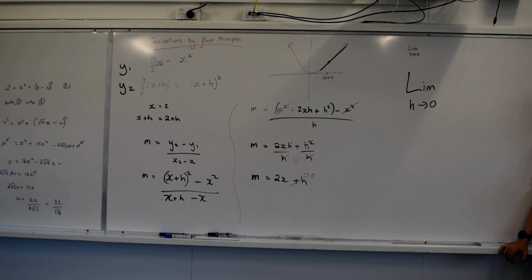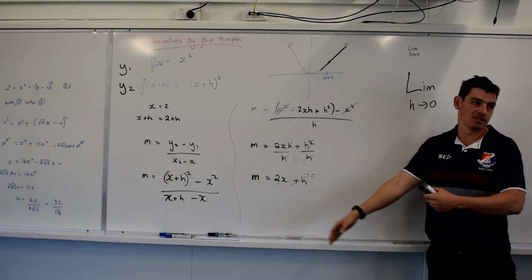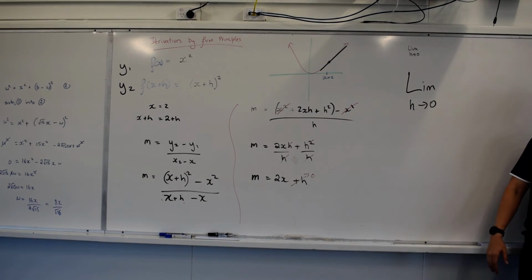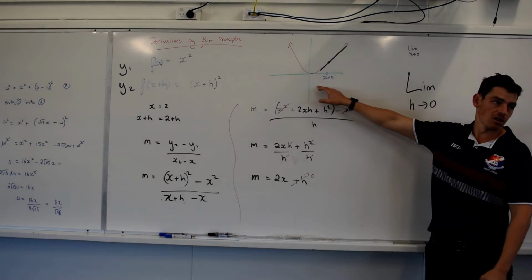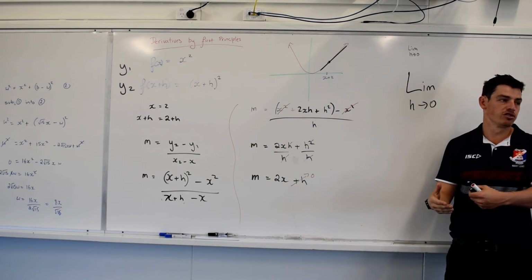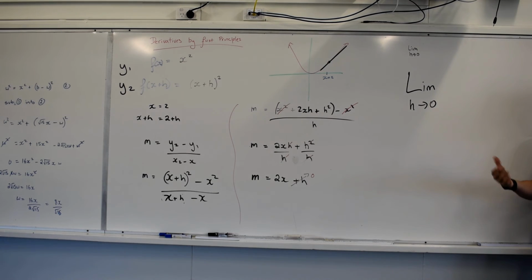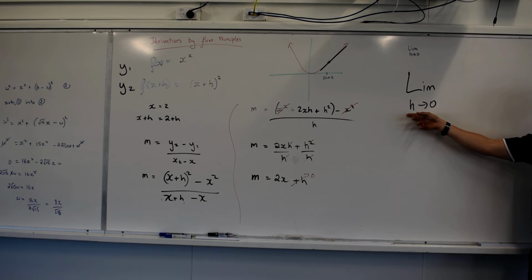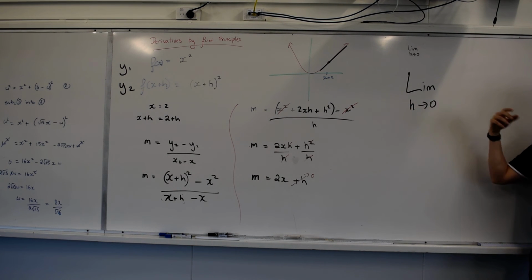It means the limit as h approaches 0. So h gets really close to 0, but it doesn't actually equal 0. Because if h equals 0, then it's just going to be x2 and 2, isn't it? So it needs to be like 2.0000000, we keep going with the zeros, and then a 1, that's what that's implying. So it's the limit as h approaches 0.